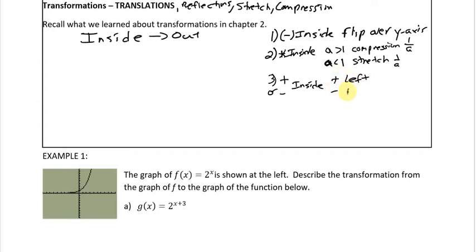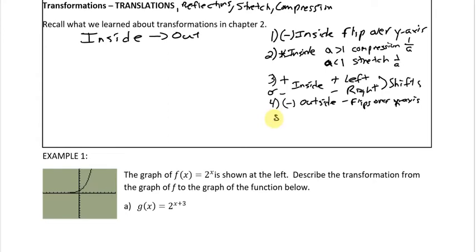These are shifts. Our fourth thing was the negative on the outside, multiplying by -1, which flips it over the x-axis. We already flipped it over the y.